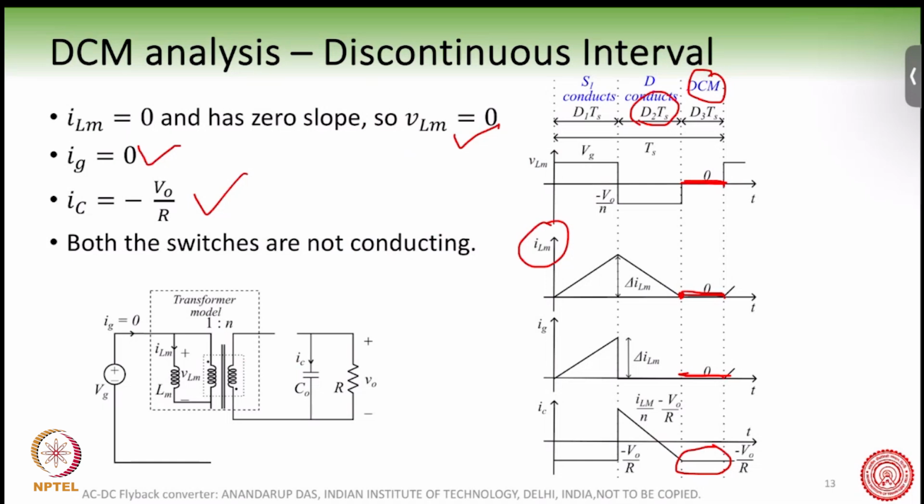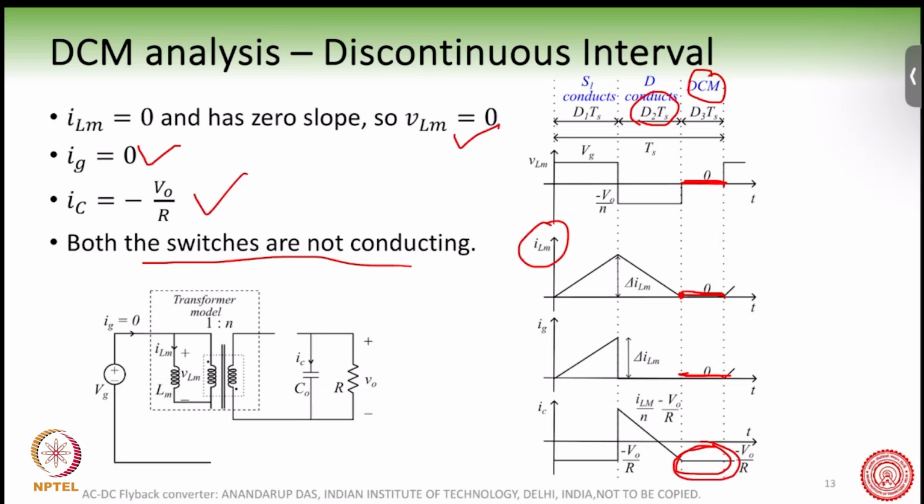And of course, both the switches are not conducting. The capacitor is the only element in the circuit that is still delivering energy to the load. All others have exhausted their energies, right? So this is what is happening now. So this is the discontinuous interval.